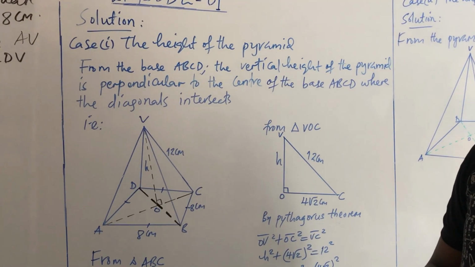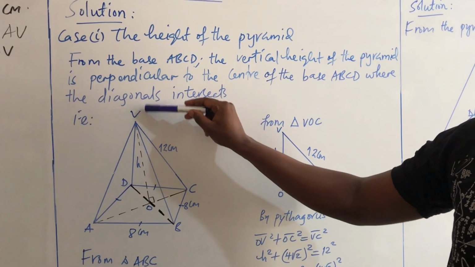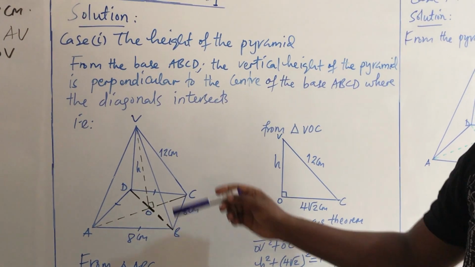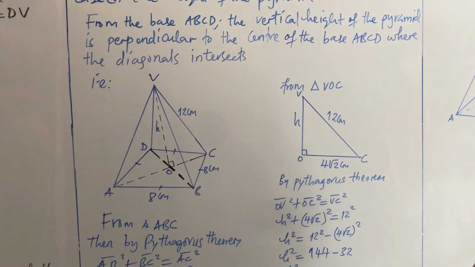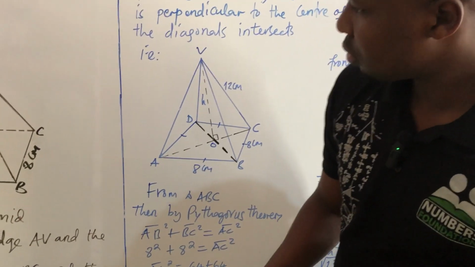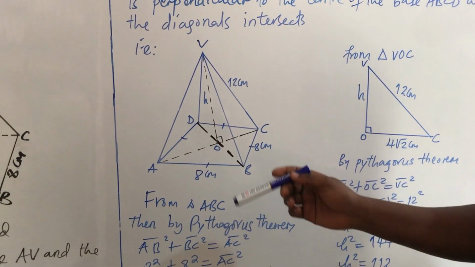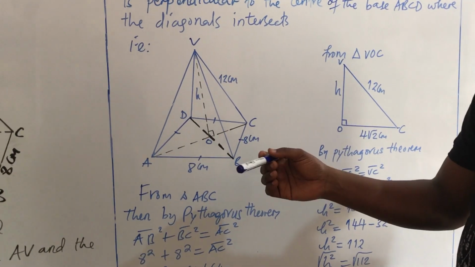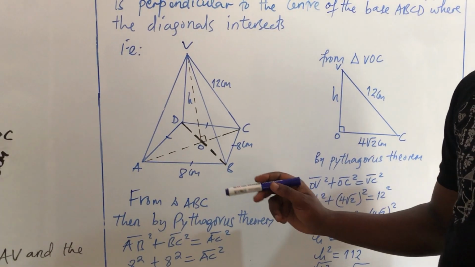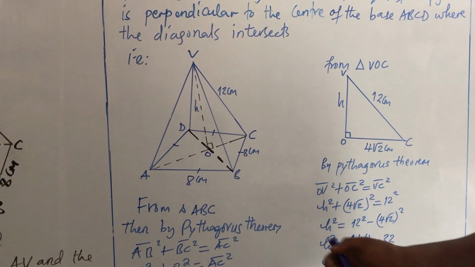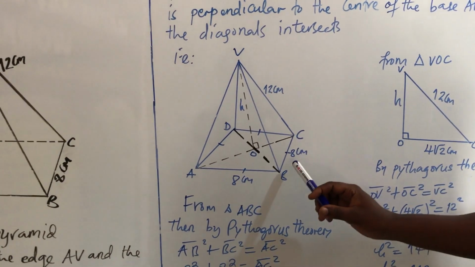We know the height of the pyramid from the vertex V is directly perpendicular to the center of the base. The center of the base is not shown in the question, so we are going to draw the diagonals of the base. The base is a square, so it has 4 sides and 2 diagonals, the diagonal AC and the diagonal BD.